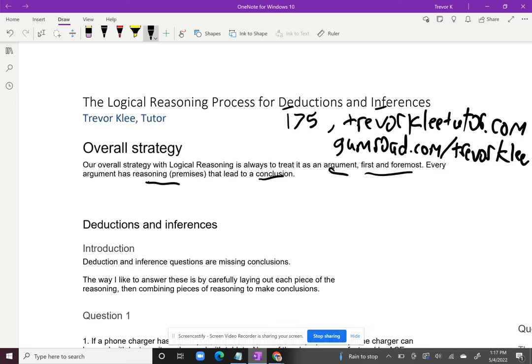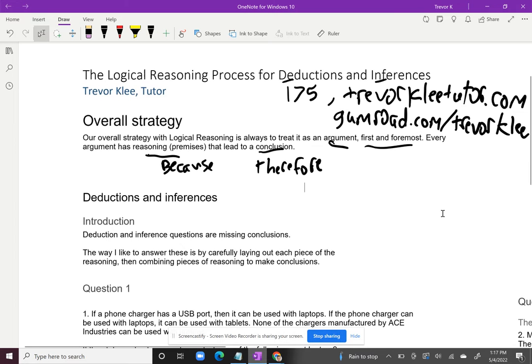The premises lead to the conclusion: because, therefore. That's going to be our general approach for all logical reasoning. We start off with premises, which get to a conclusion.